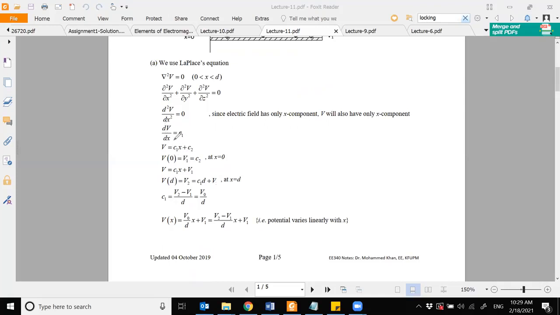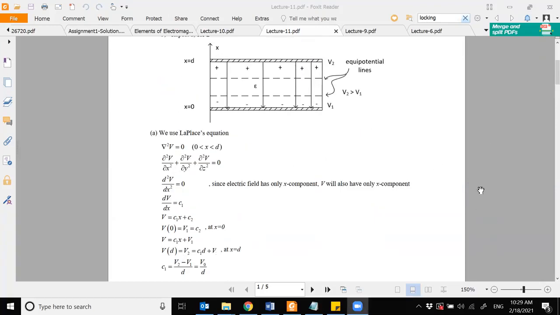Integrating again, you will get V is equal to c1x plus c2. So c1 and c2 are the integration constants, and we need to find them. And how can we find them? From the initial conditions or boundary conditions.